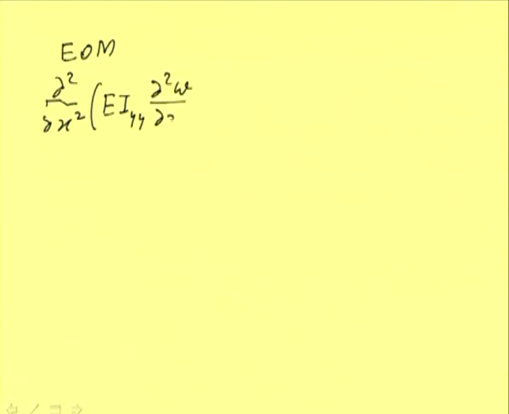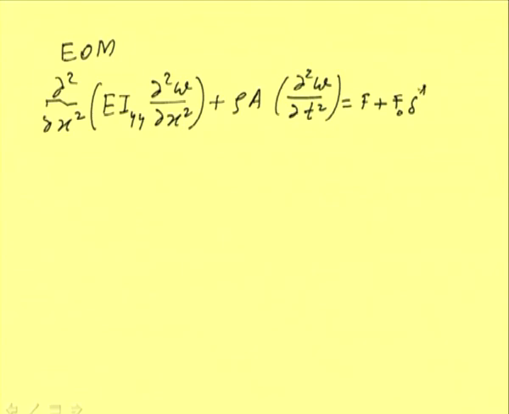So, this is the term corresponding to the elasticity of the system, then this is the term corresponding to the inertia, and this is the external force, continuous, and the concentrated force with the Dirac delta function, and boundary conditions.